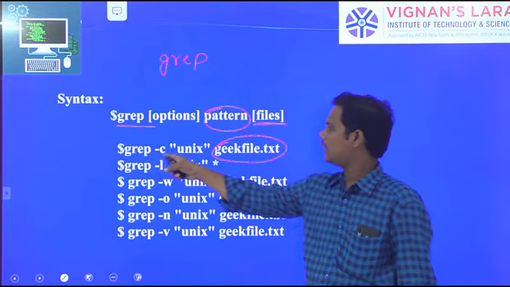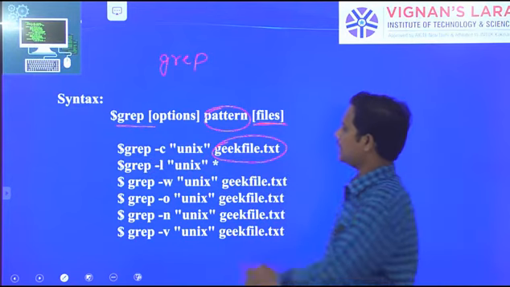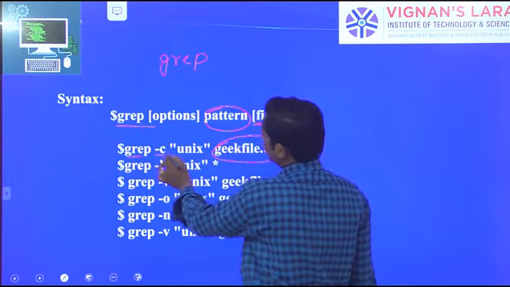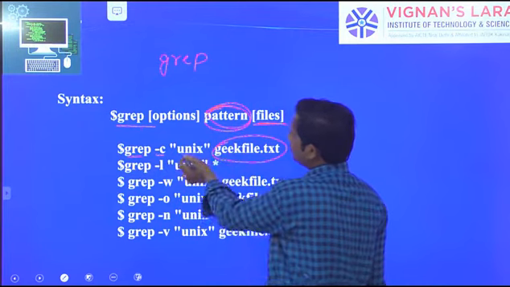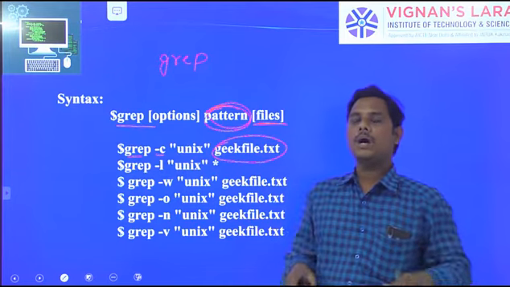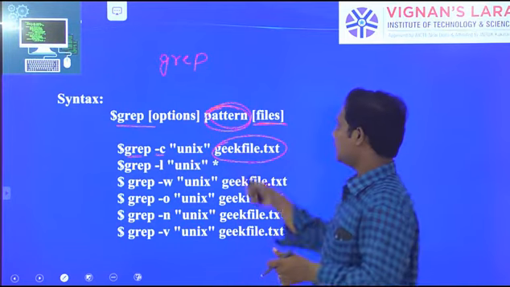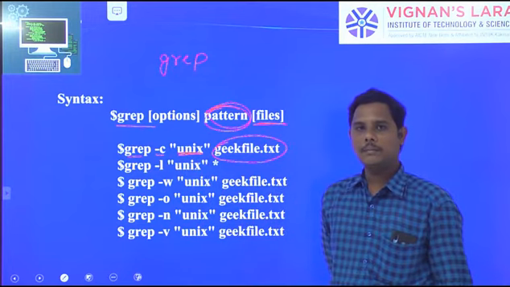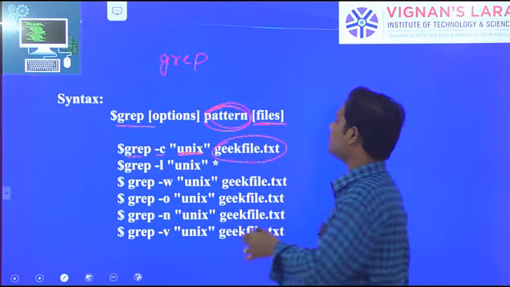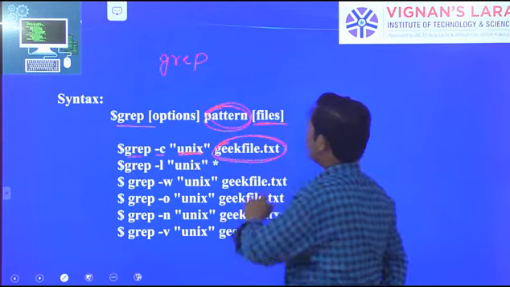We can use a simple example: grep space option C space pattern. You must use inverted commas, because you specify the pattern you want to search. Here Unix is my pattern. What file do I want to search? This file, grepfile.txt.